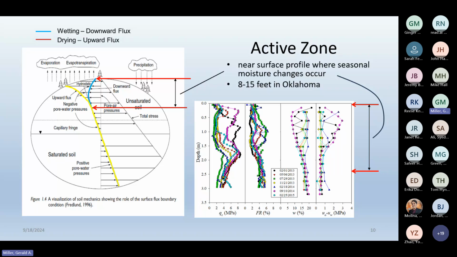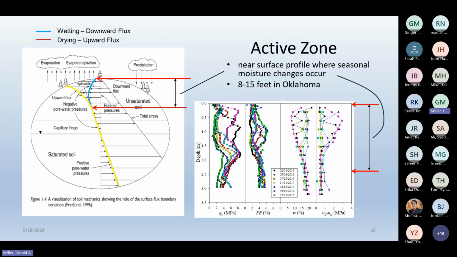And you'll also notice that the largest variations occur near the ground surface, and as you get deeper, the variations are smaller. And that points to this concept of what we call the active zone. So the active zone is that depth from the ground surface where the soil moisture varies seasonally or even beyond seasonally. So in droughts, it may get even deeper.